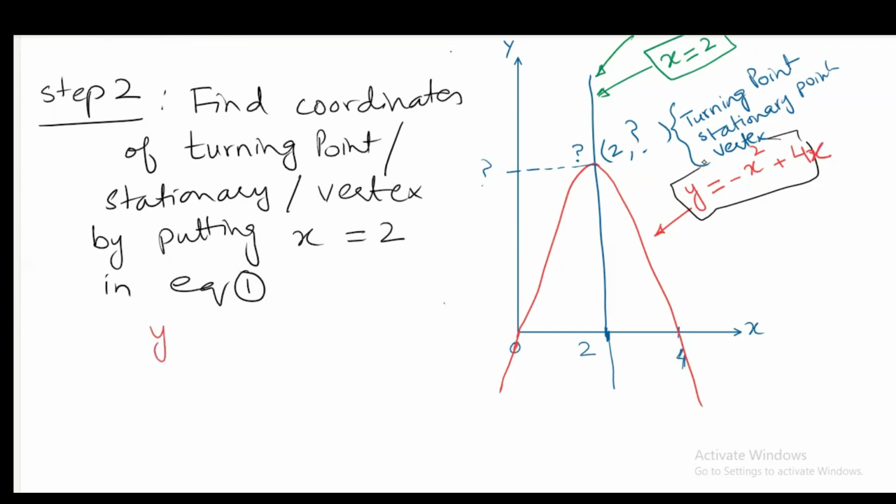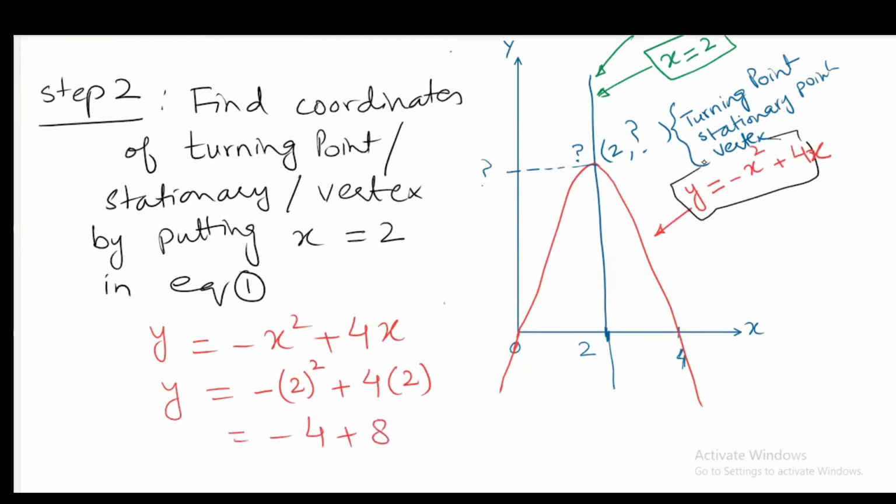So y equals minus x squared plus 4x, and replacing x with 2: minus 4 and plus 8 is 4. So y equals 4. y equals 4 is the y coordinate of the turning point.